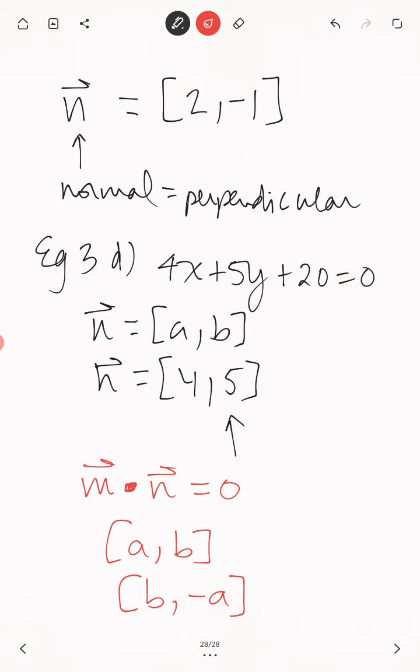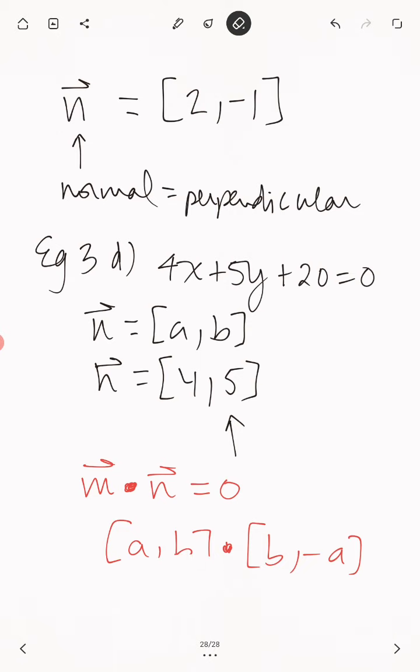When you dot these two vectors together, a, b, and b, negative a, then you will in fact always get 0, because it's going to be ab minus ba, and ab is the same as ba, so therefore that's 0.